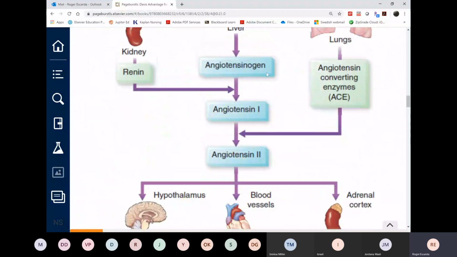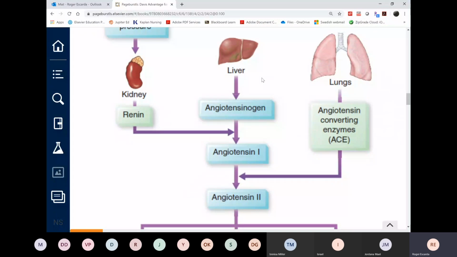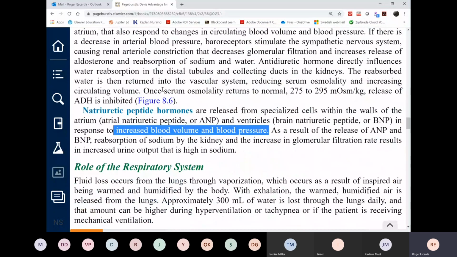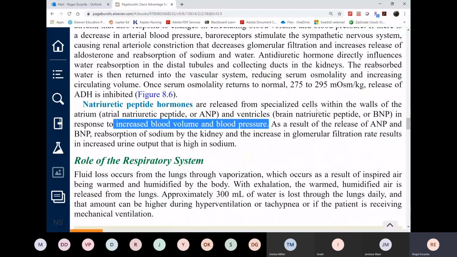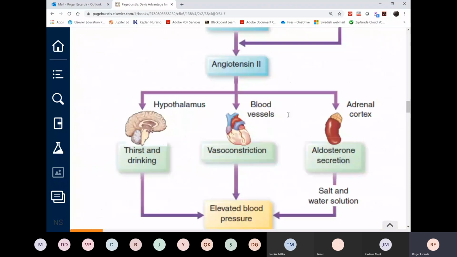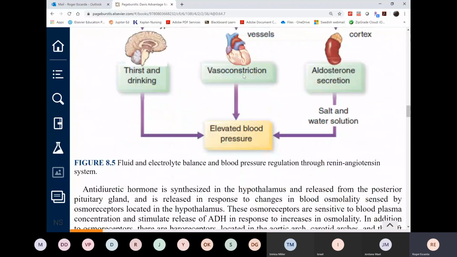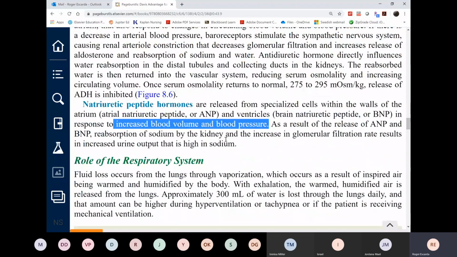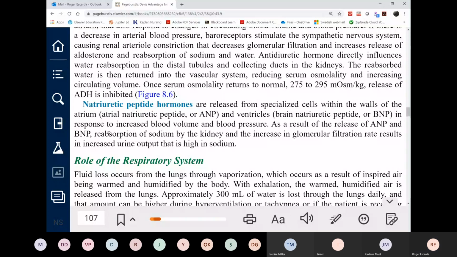Your renin-angiotensin system will not be triggered. The antidiuretic hormone release will not be triggered. What will be triggered instead are your A and B type natriuretic peptides. So these have the opposite effect of your renin-angiotensin system. Let's review. So your renin-angiotensin system causes vasoconstriction and salt and water reabsorption, correct? If this is the total opposite, so therefore what will this cause?